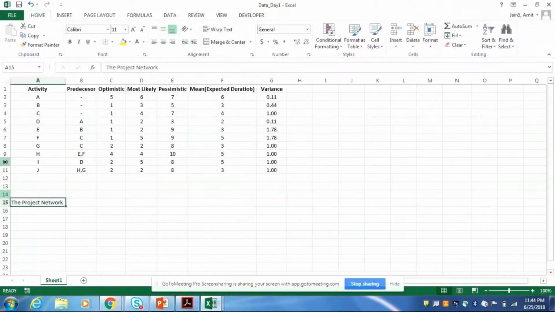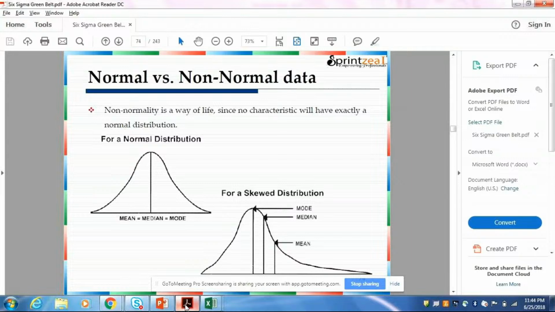Normally, what you would see is always a not normal distribution. So there is a concept of central limit theorem that we will apply to convert that into a normal distribution. Unfortunately, in statistics, there are a lot of analyses and tests available for normal distribution.